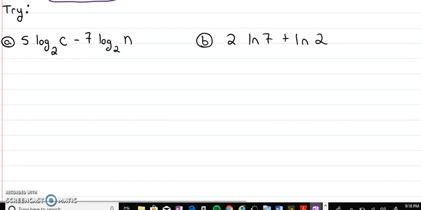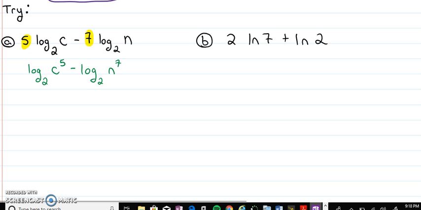So, just like we did before, we want to take care of our powers, our exponent rule, first. So this becomes log base 2 of c to the 5th power, minus log base 2 of n to the 7th power.